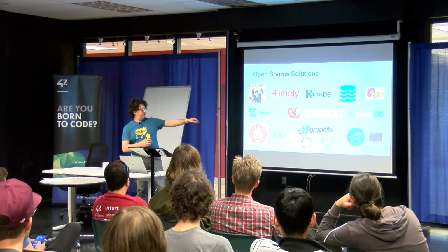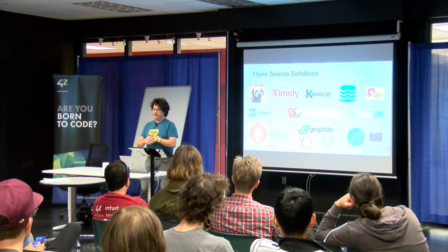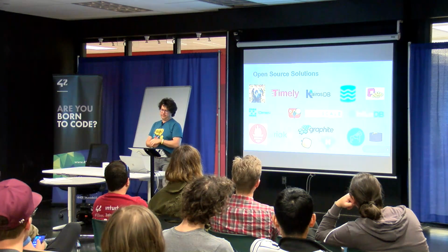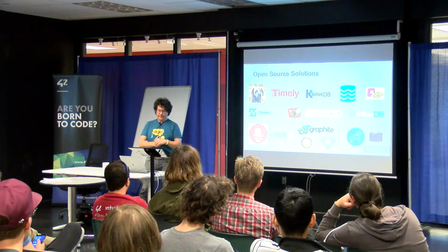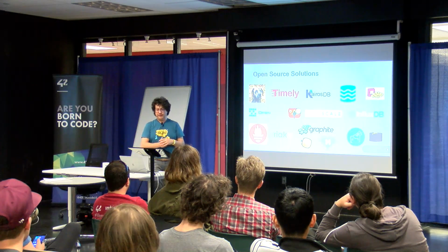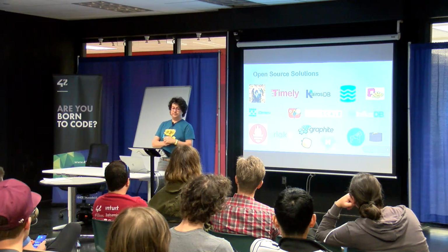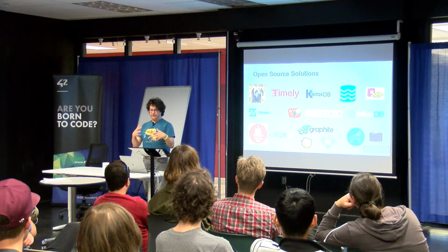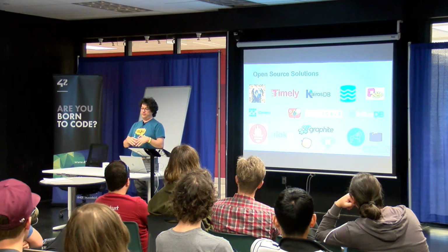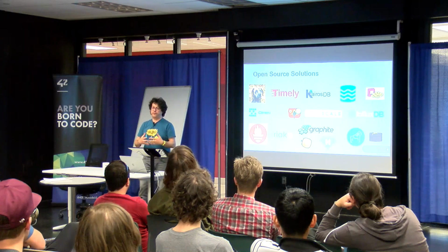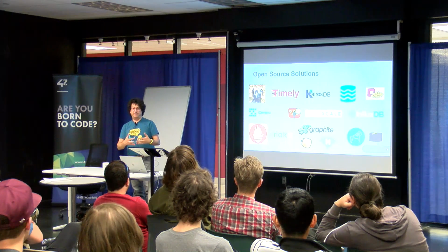So the gorilla on the bottom right is Gorilla, which was open sourced by Facebook, I think it was in December. The second one on the top row, Timely, is made by the National Security Agency, so also interesting. So lots of different people in that space, lots of solutions you can really choose from to handle that kind of data.